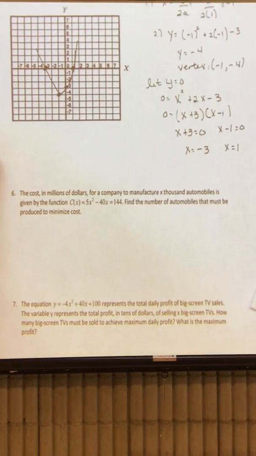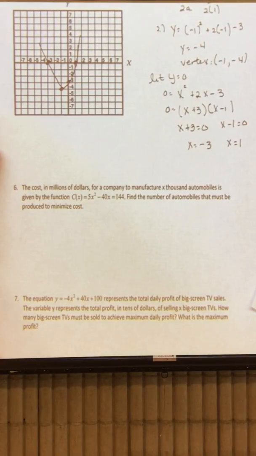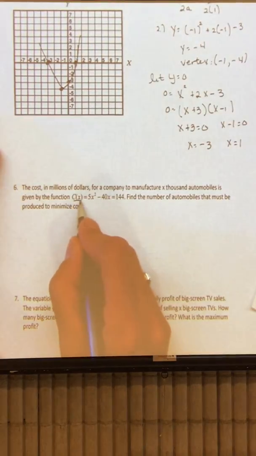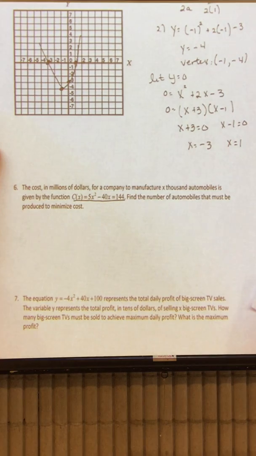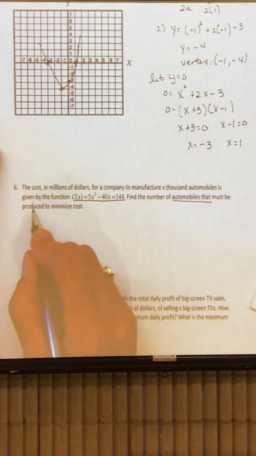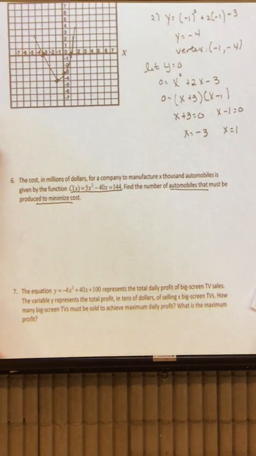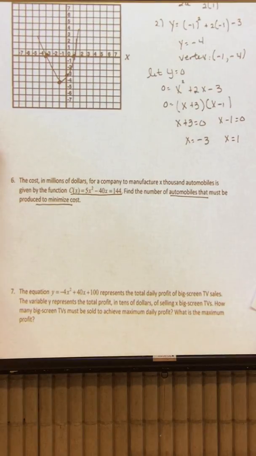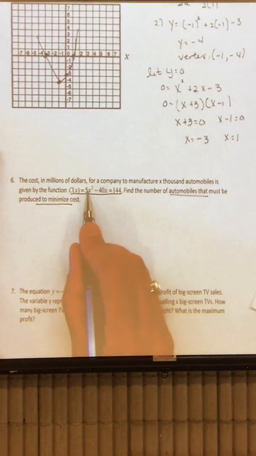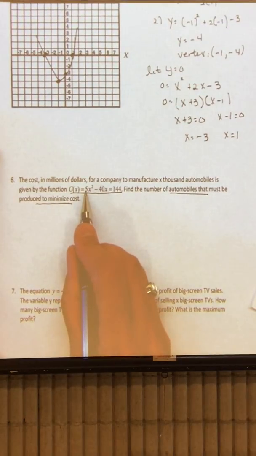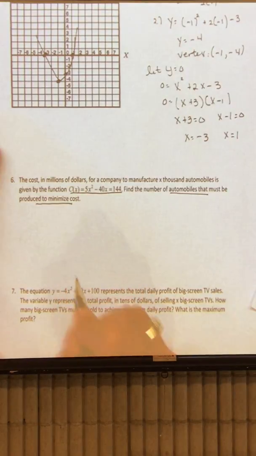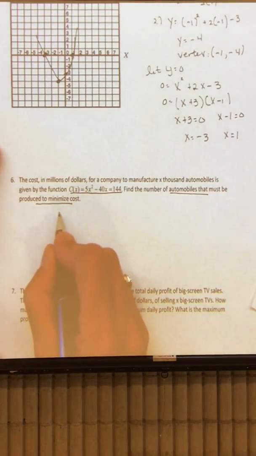Number 6. Here you have a cost equation, to find the number of automobiles that must be produced to minimize your cost. You need to find your vertex. Because the parabola opens up, we have a minimum cost, which appears at the vertex.